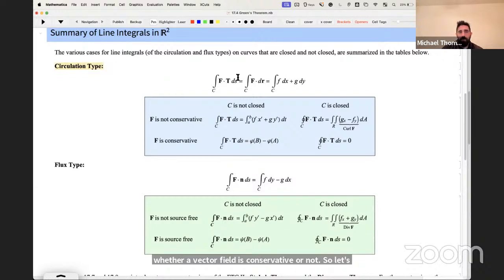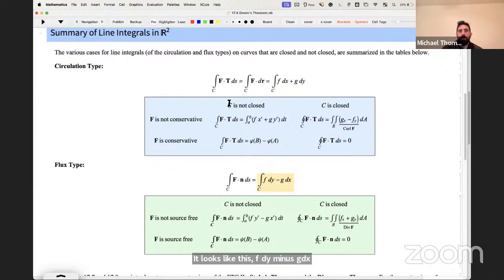There are 2 types of line integrals. There's the circulation type, which doesn't have to be closed. Usually it's closed, but doesn't have to be. And then there's the flux type. For the circulation type, in differential form, it looks like this: f dx plus g dy. And for the flux type, it looks like this: f dy minus g dx.